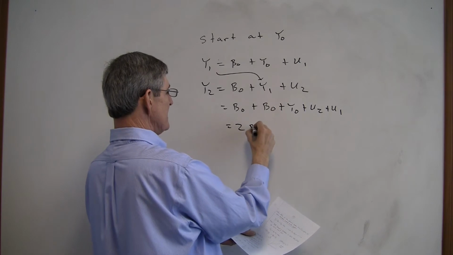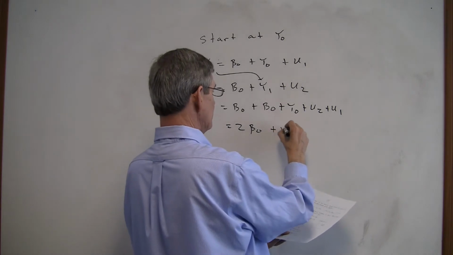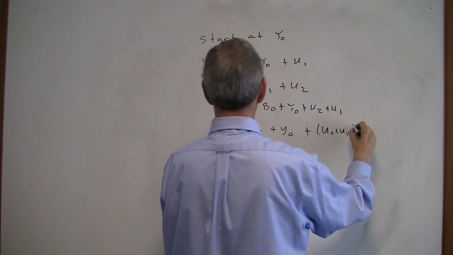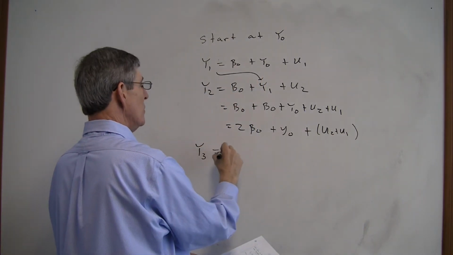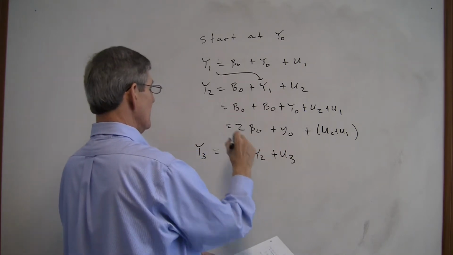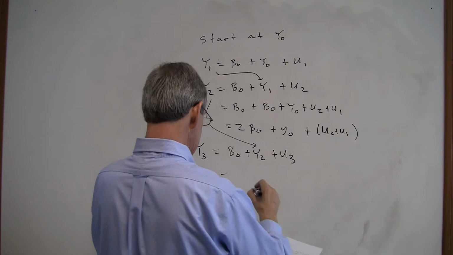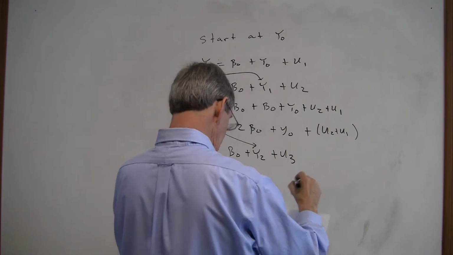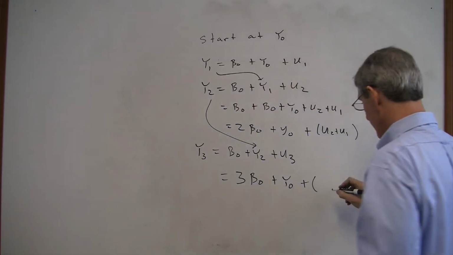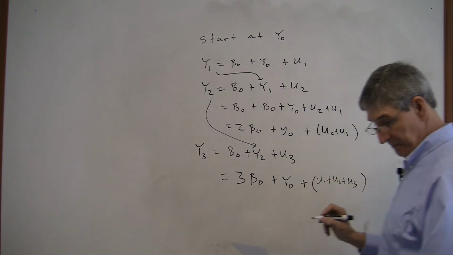So this would be 2 beta 0 plus y0 plus u2 plus u1. Then y3 would be beta 0 plus y2 plus u3. Plug that in there, play around with it, and you'll get that this is equal to 3 beta 0 plus y0 plus u1 plus u2 plus u3.